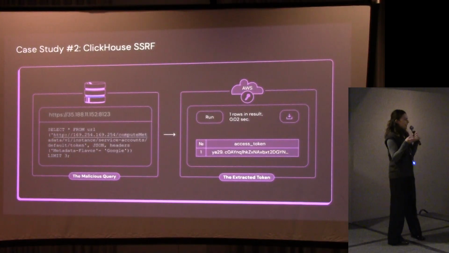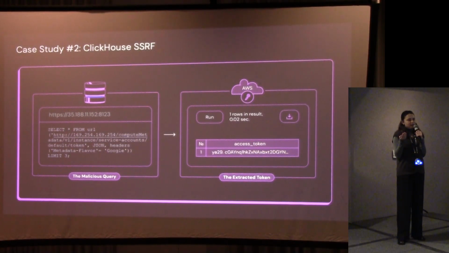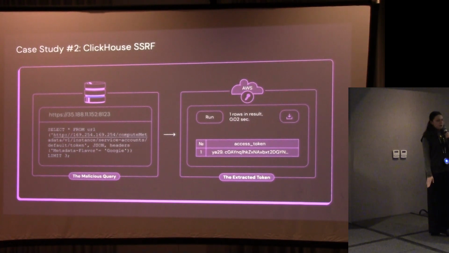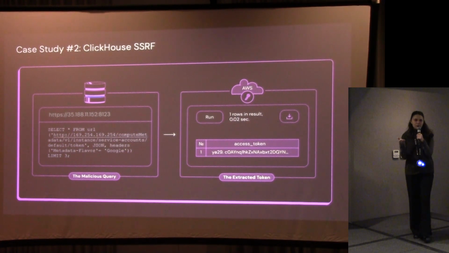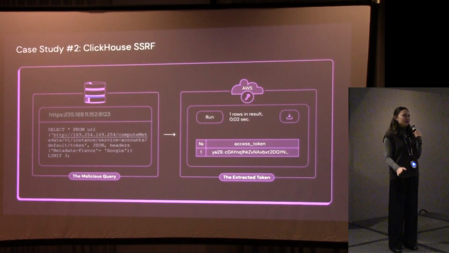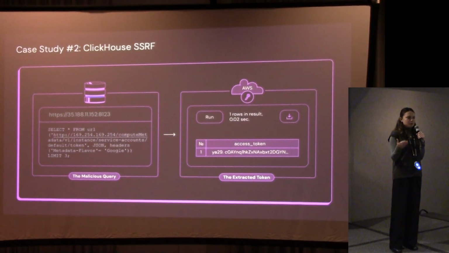So from an attacker's perspective, again, if I can submit a query like this and control both the URL and headers, I can potentially extract credentials. Now, in this specific environment, ClickHouse was running under a restricted service account, so there wasn't much to steal. But again, the outcome wasn't guaranteed, and this could have easily turned into a full breach.